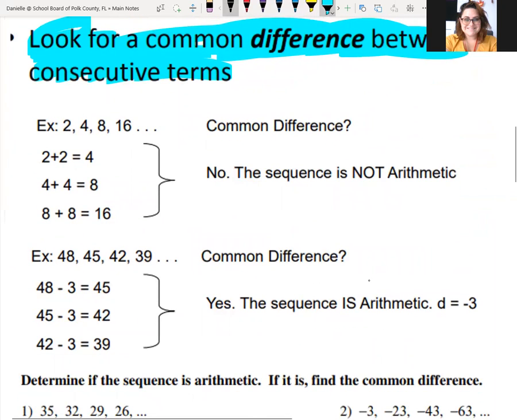So when I look at this first example, I see we go from 2 to 4, which is plus 2. And then from 4 to 8, which is plus 4. And then from 8 to 16, which is plus 8. Those are not the same numbers. That's why it is not an arithmetic sequence.